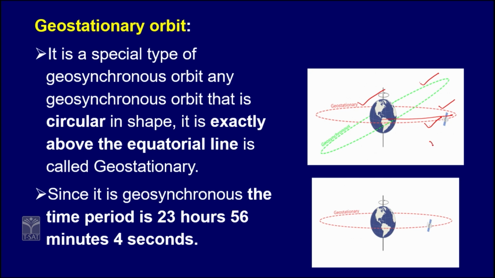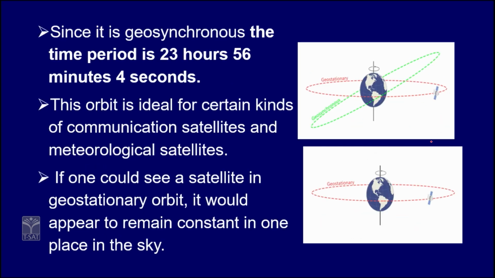One is the time period, which should be equal to the Earth's time period, then it should be above the equatorial line, and the orbit should be circular in shape. These are the three conditions that we must remember. Since it is geosynchronous, the time period is, as we have said, 23 hours, 56 minutes and 4 seconds.